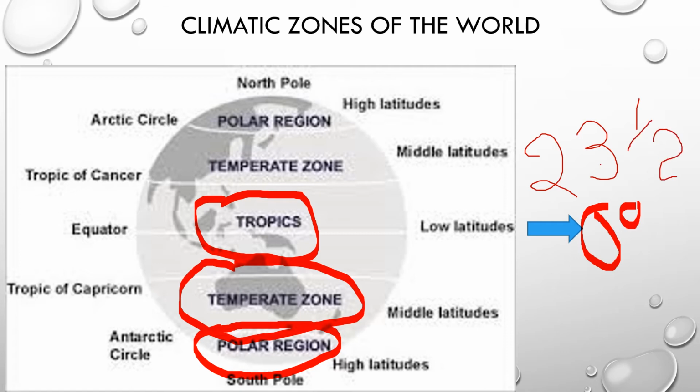So you must go through the latitudes and longitudes of the different regions of the world.